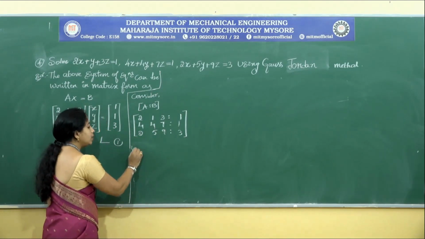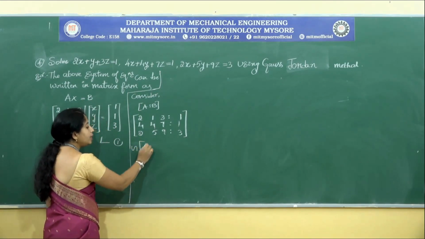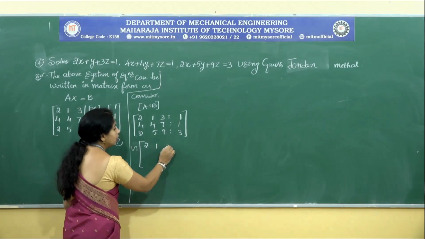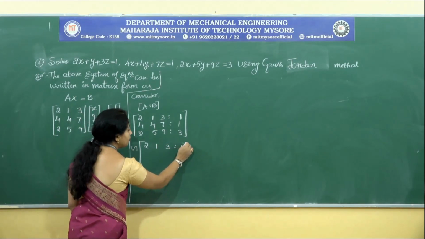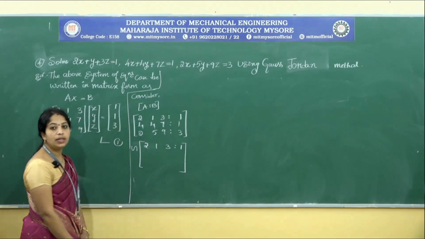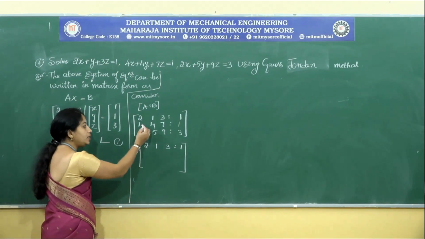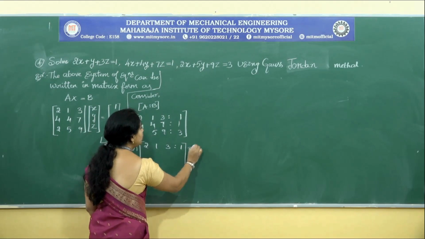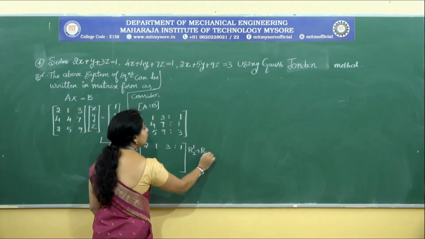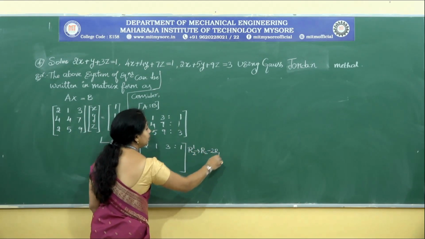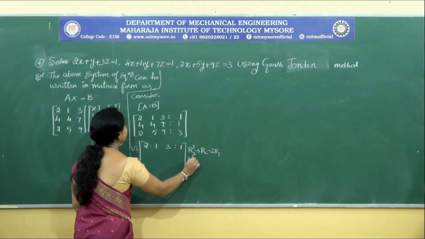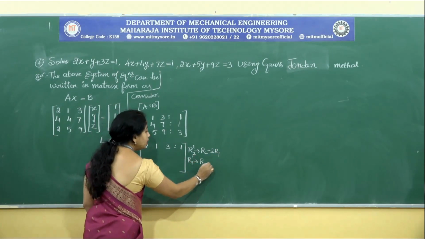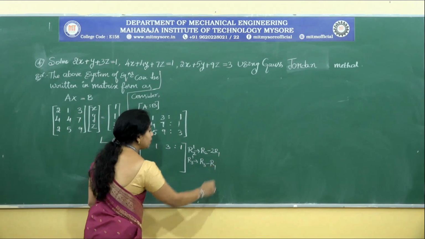Now, this matrix is equivalent to, writing the first row as it is 2 1 3 1. Now, using the row operation, make these two elements as 0. The row operation will be R2 dash is R2 minus 2 times R1, R3 dash will be R3 minus R1.